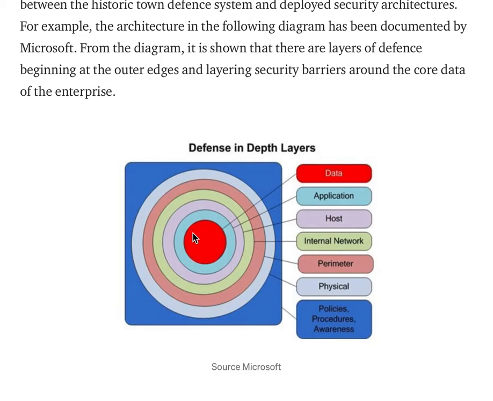In the way, there are many devices, many applications for that attacker to be able to breach, to actually reach the data. And that is the essence of the defense in depth architecture.